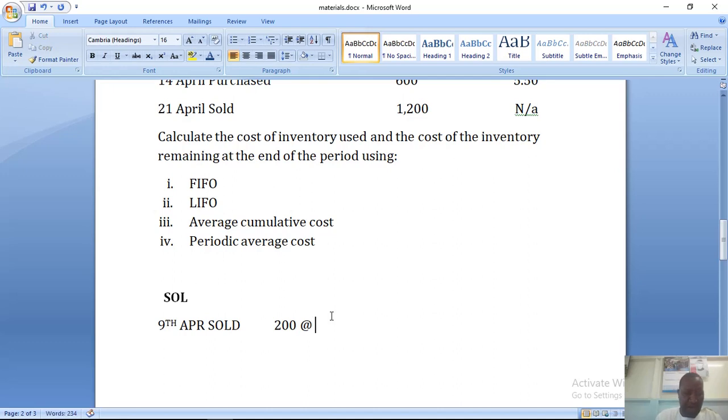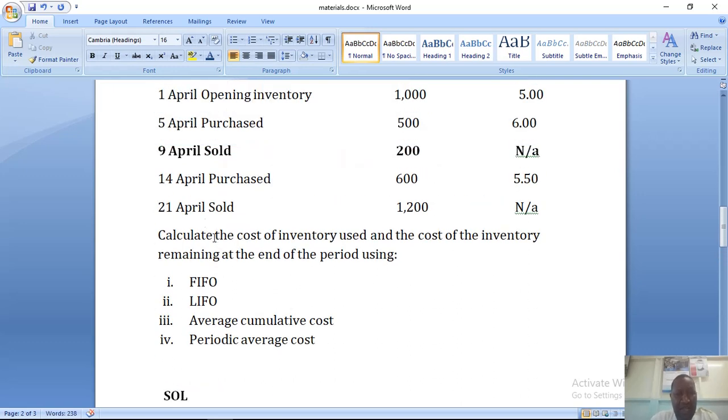So multiplied by $5, that's the cost of that issue or sale, and this is going to be $1,000.